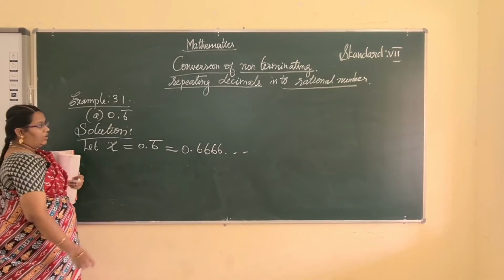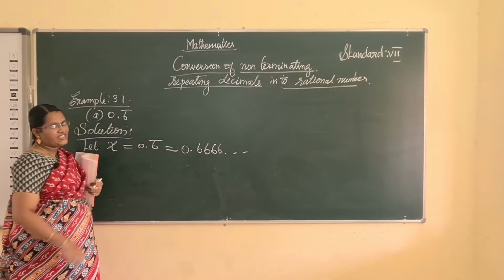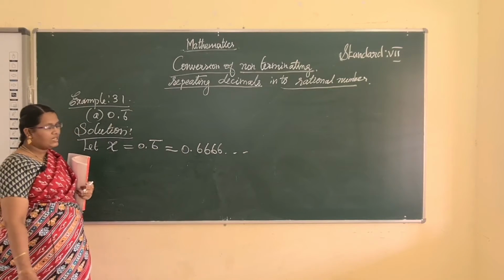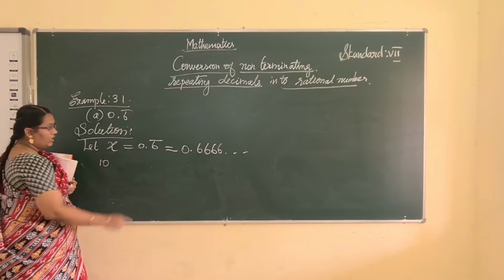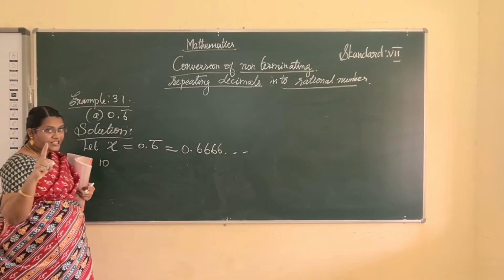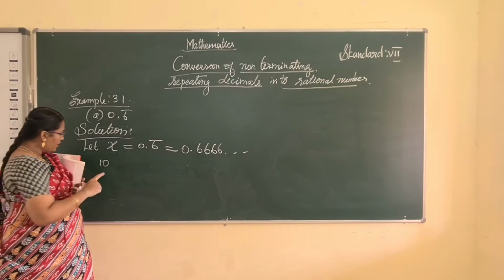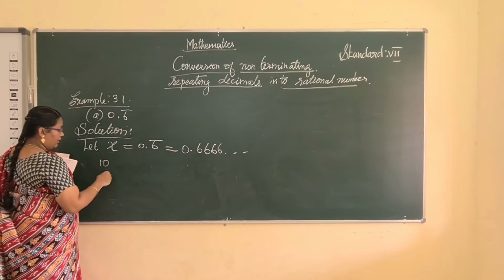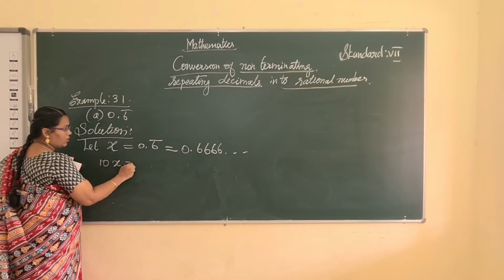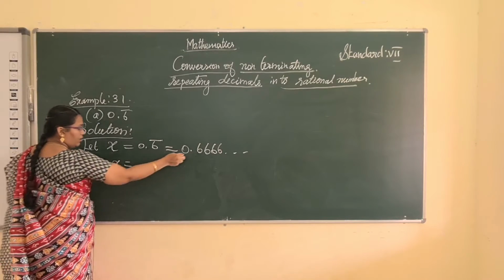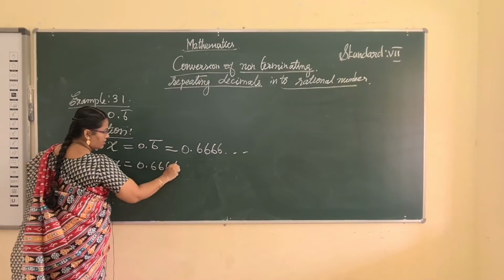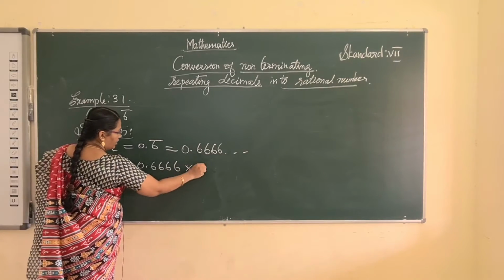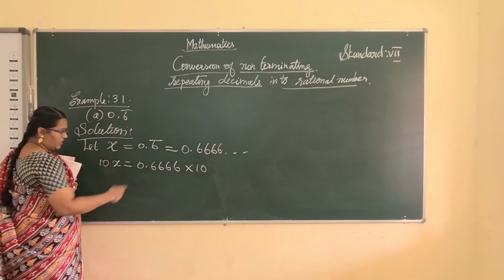After the decimal point, how many digits are there? Only one digit, so we multiply by 10. So 10x is equal to 0.666 times 10.